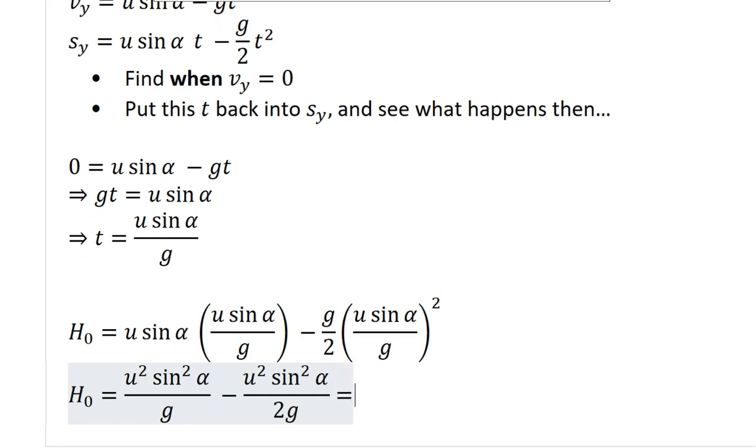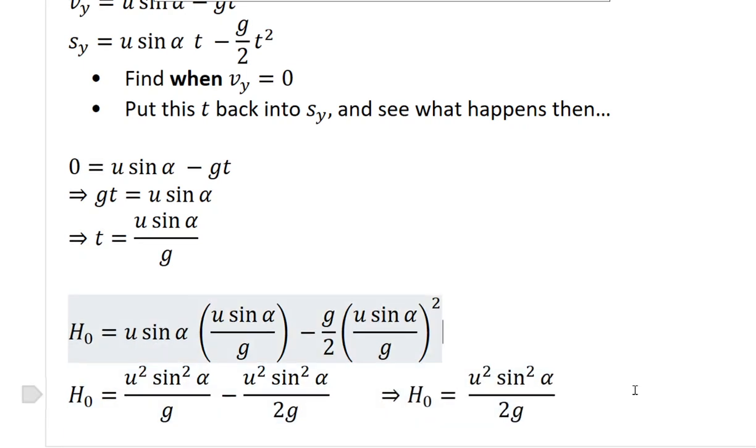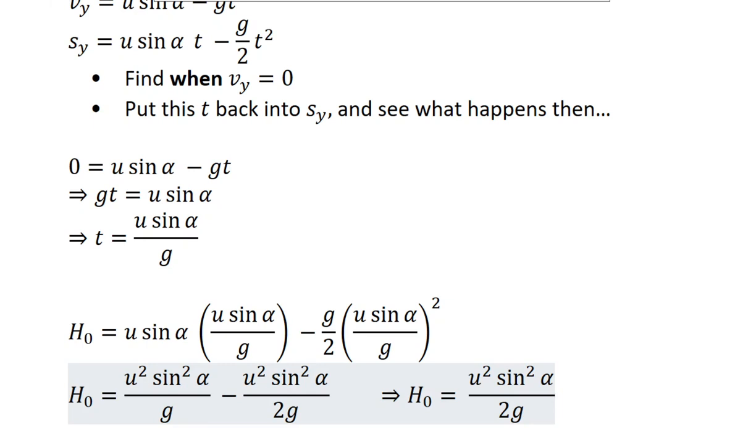So that means h0 is u squared sine squared alpha over g minus a half u squared sine squared alpha over g. So we're just going to be left with that. That's the first thing: we have something to do with h0, which is good.